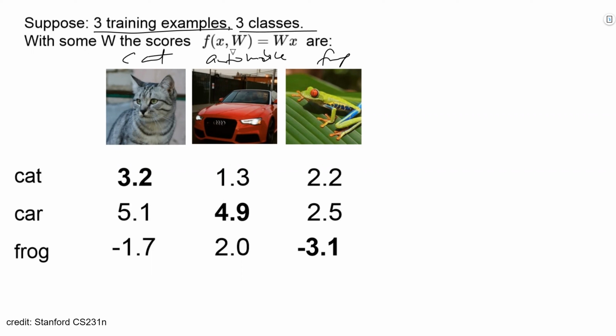What we want to do is calculate the scores by matrix multiplication of the input vector and the parameters W. Now let's suppose that for the first example, our linear classifier generated 3 scores as follows: for cat, 3.2, for car, 5.1, and for frog, minus 1.7.